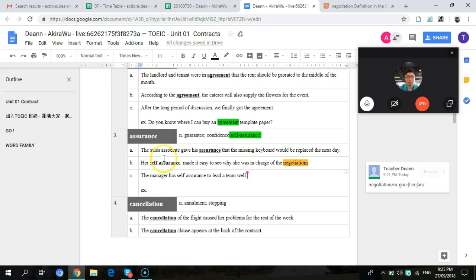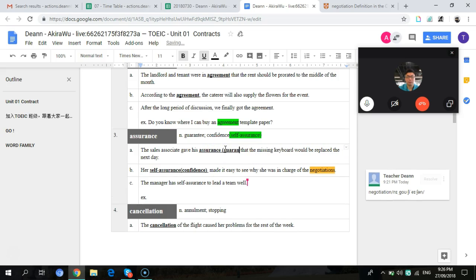Okay, so in here, her self-assurance, or that means the confidence, made it easy to see why she was in charge of the negotiations. So that means the assurance, like guarantee, like self-confidence.